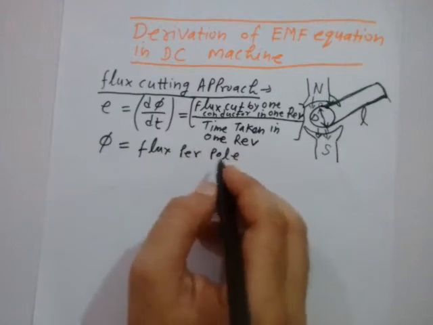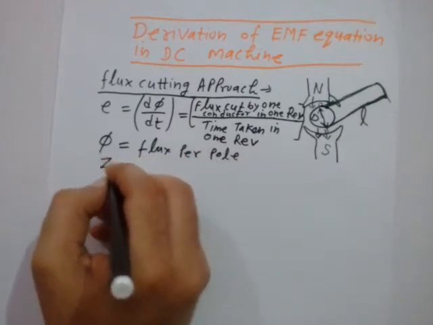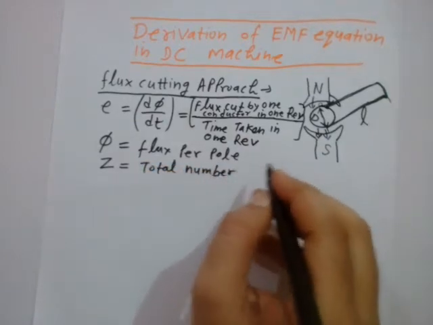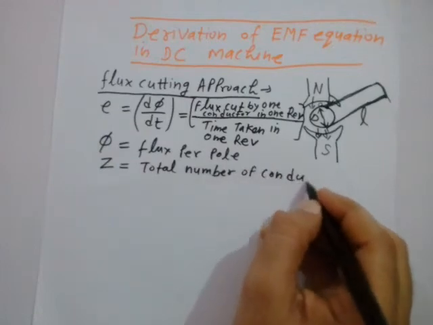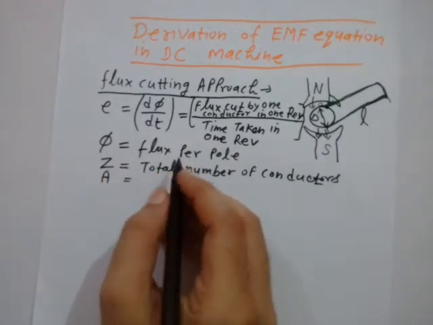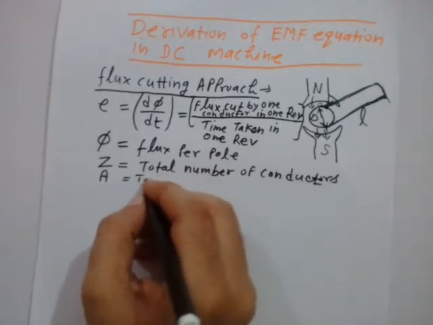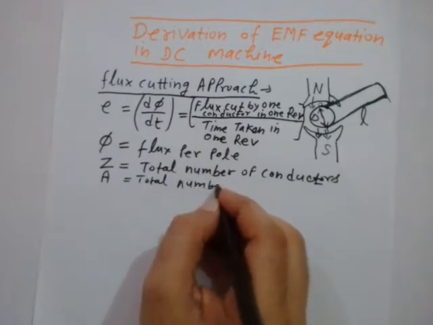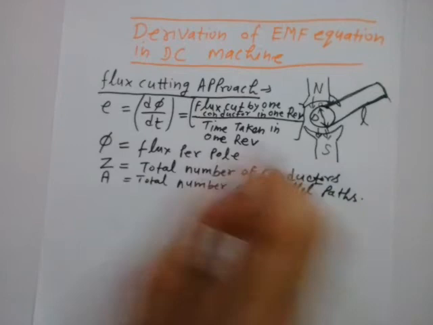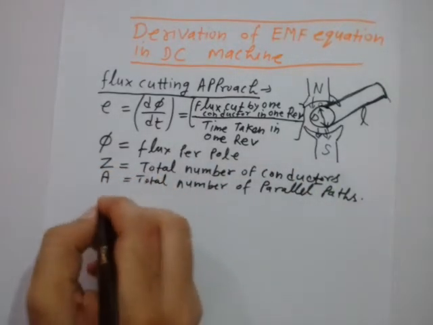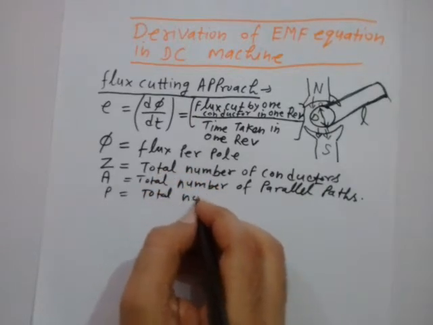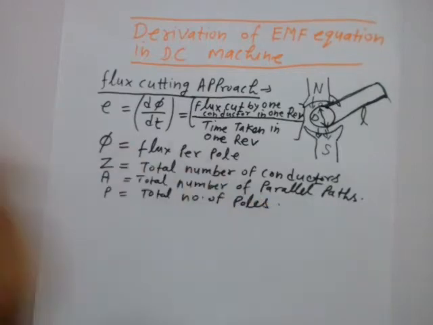Phi is the flux per pole, and let me call Z the total number of conductors, A the total number of parallel paths, and P the total number of poles, right?